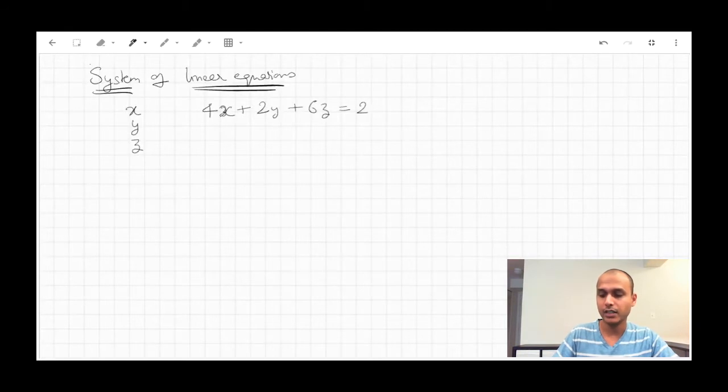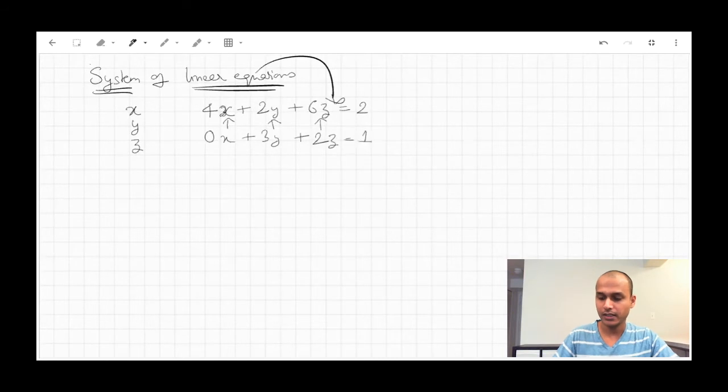It's just the addition of these scaled unknown quantities, and that should be equal to some other quantity that we know, which is, for example, here 2. It's an equation, because this is an equality. Similarly, we could have more than one equation. So let's say it's 0x plus 3y plus 2z is equal to 1.